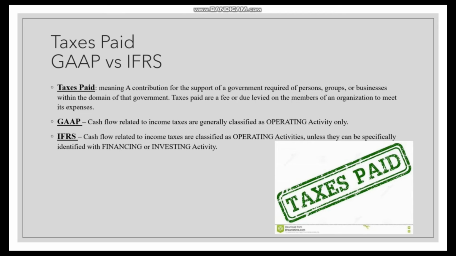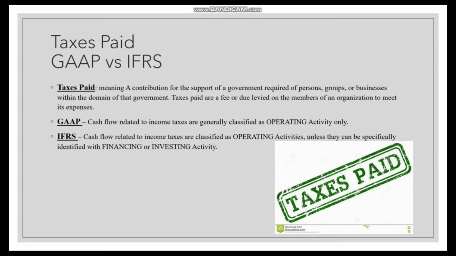The reason why GAAP may have taxes paid only under operating activity may be for simplification and convenience purposes. By making operating activity the only classification for taxes, GAAP may be preferring that accountants do not focus their efforts too much on trying to make a 100% accurate account because of how tedious and time-consuming this process may be.